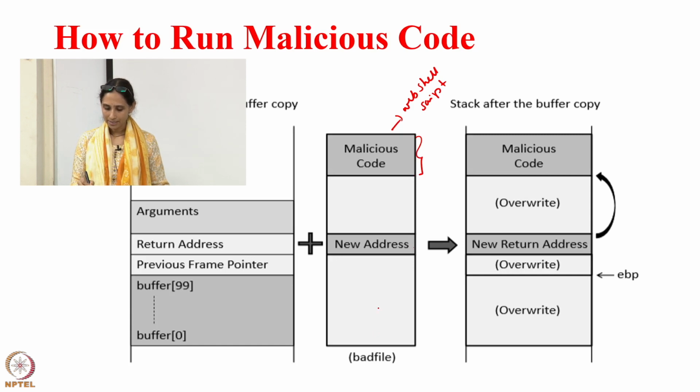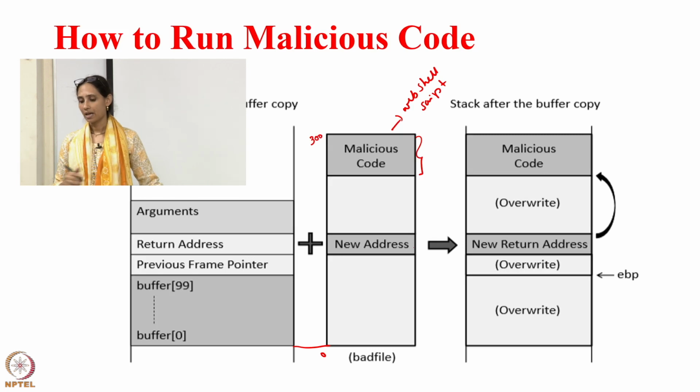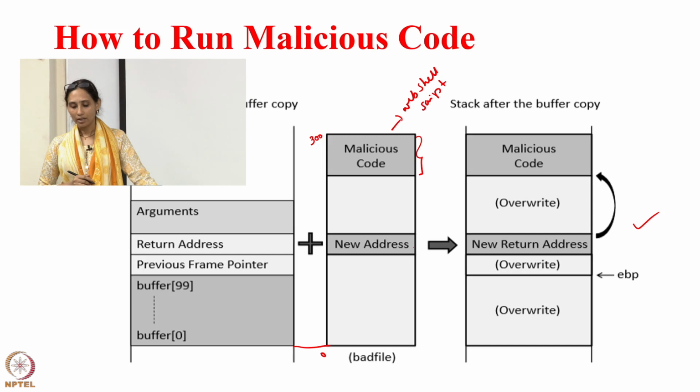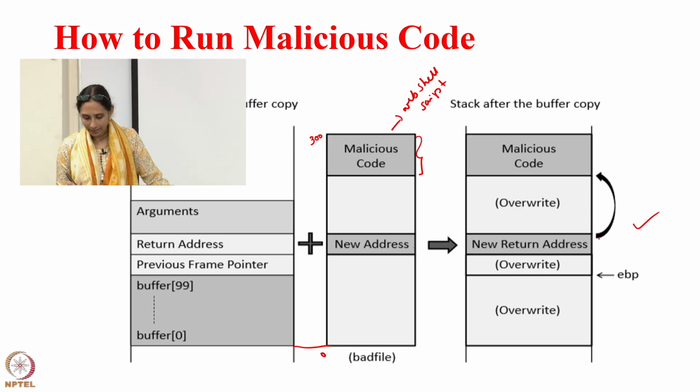This corresponds to 0, and as I said, this buffer is only 100 bytes, but what you are reading is 300 bytes. So, you will take this and write like this, and this is what gets written in the stack. Okay. And when you overwrite, you write this new address such that it will point to this particular portion, so that when it returns it will start executing from this point on.